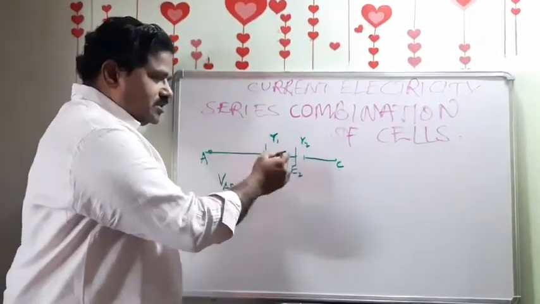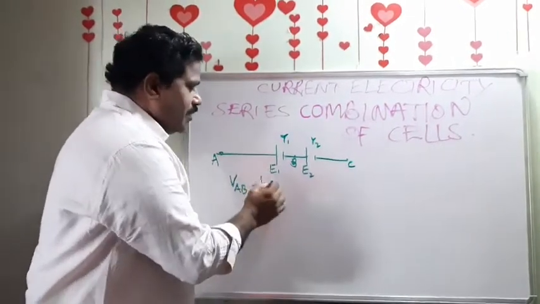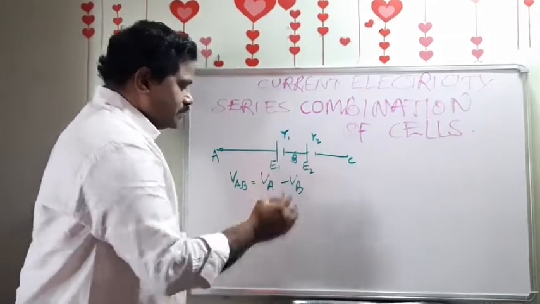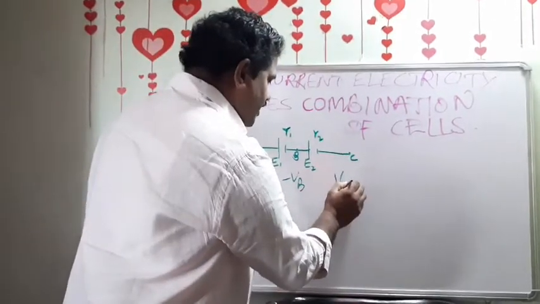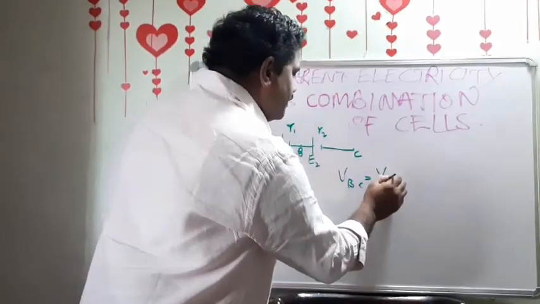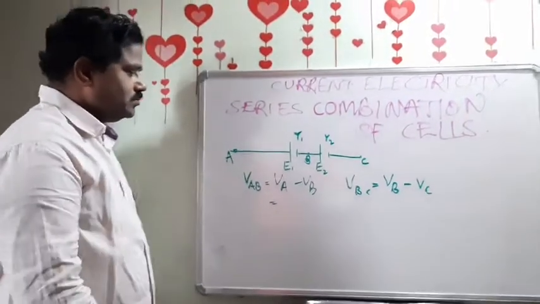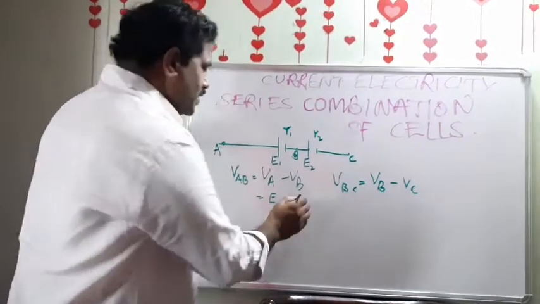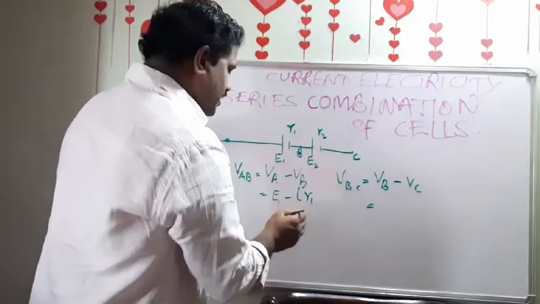So the potential difference between A and B, VAB, is equal to VA minus VB. Similarly, the potential difference between B and C is VB minus VC. Here it is E1 minus IR1.